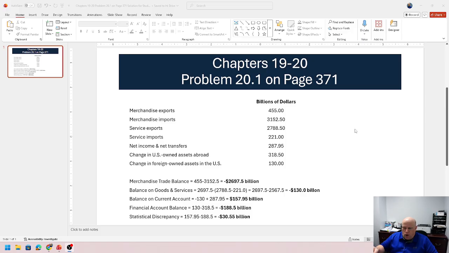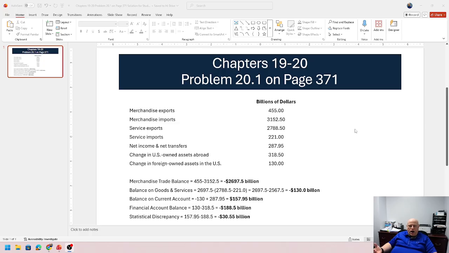So the numbers in that formula would be the 2697.5 that we just calculated for merchandise trade balance, then in parentheses, 2788.5 minus 221.